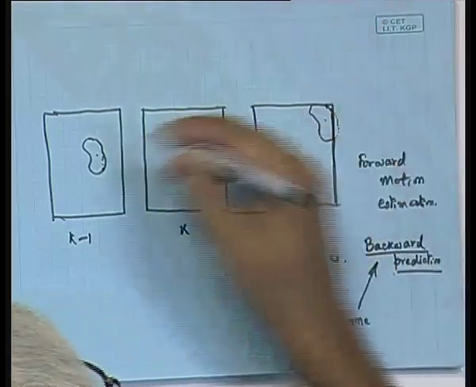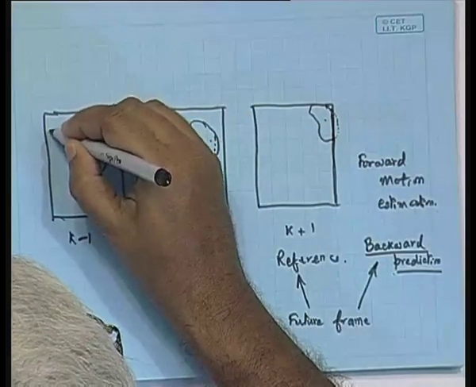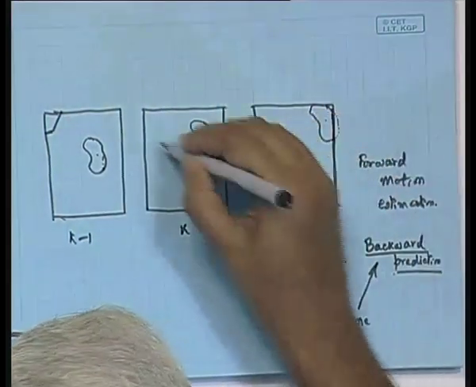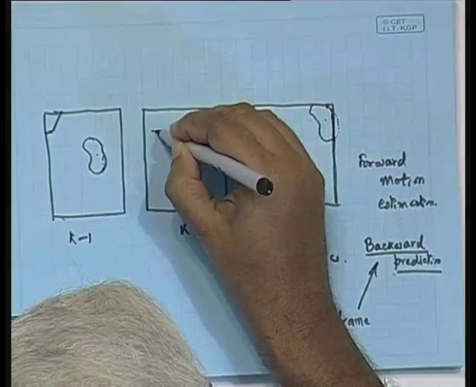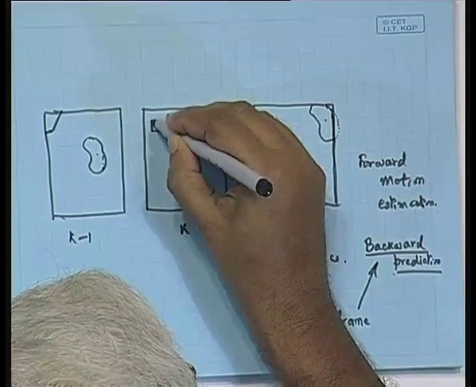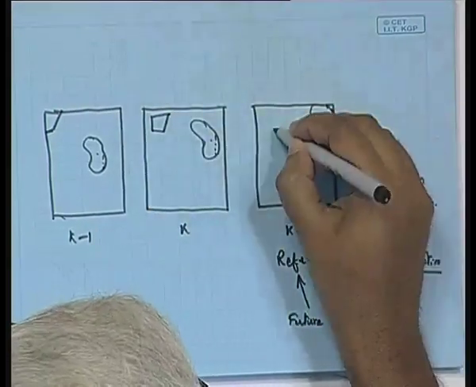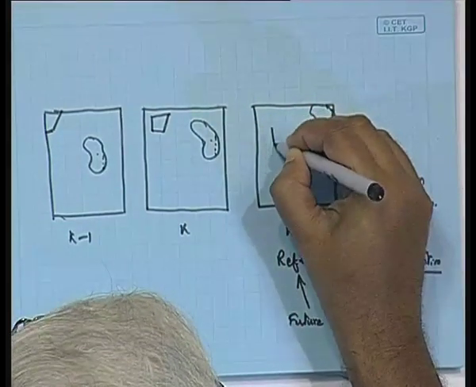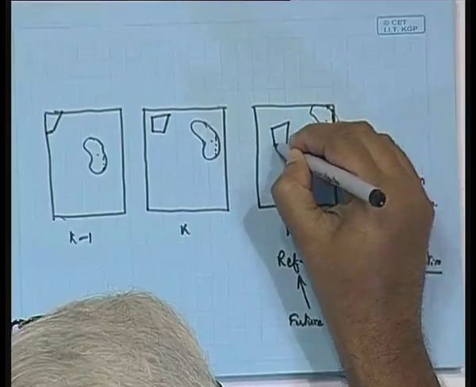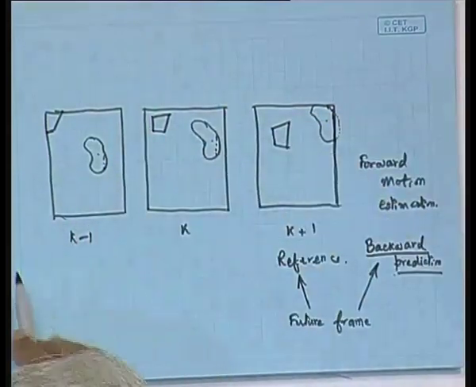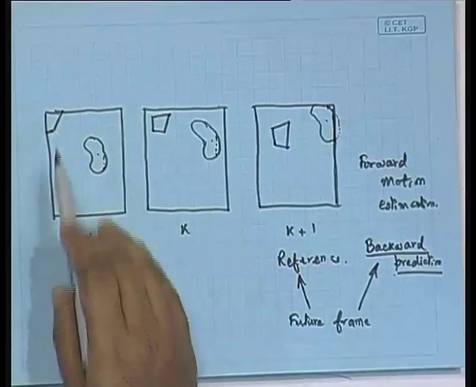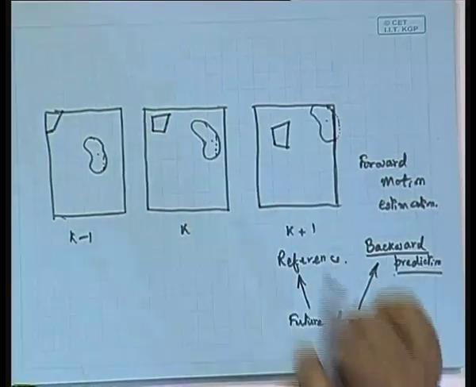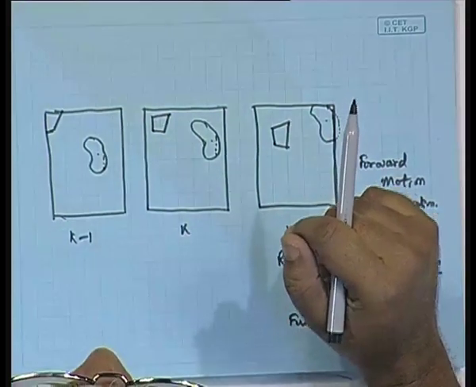The opposite also could have happened: the object may be partly occluded in frame k minus 1, but unoccluded in frame k and frame k plus 1.